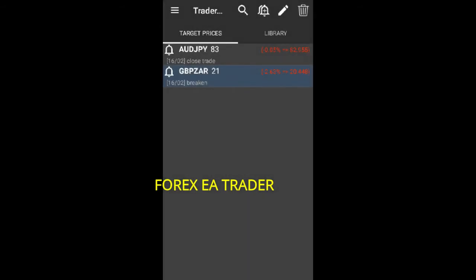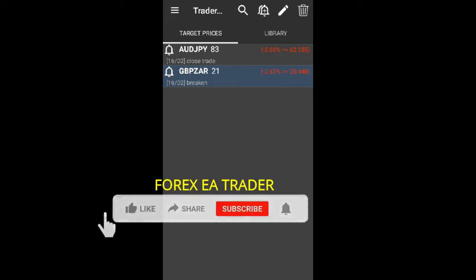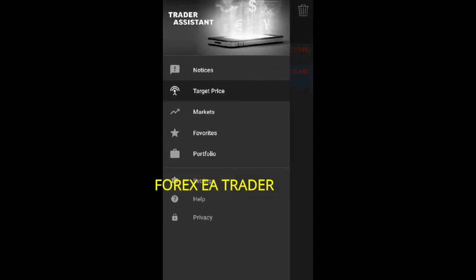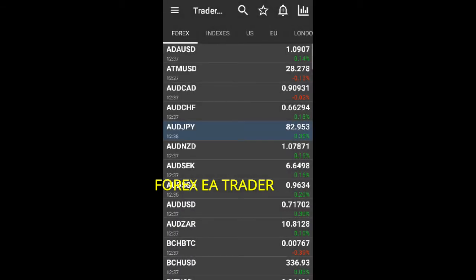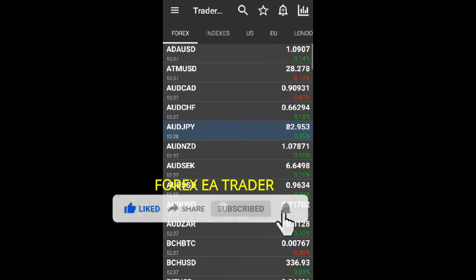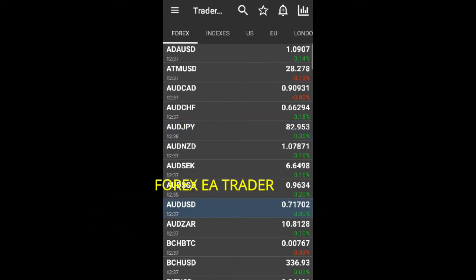We come here. That's the list of the alerts that we have, and it shows you by what percentage we are still left to reach that level. So in addition to this, you can actually also come to the charts. For example, we have highlighted this, or let me highlight another one, so that let's say AUD USD.